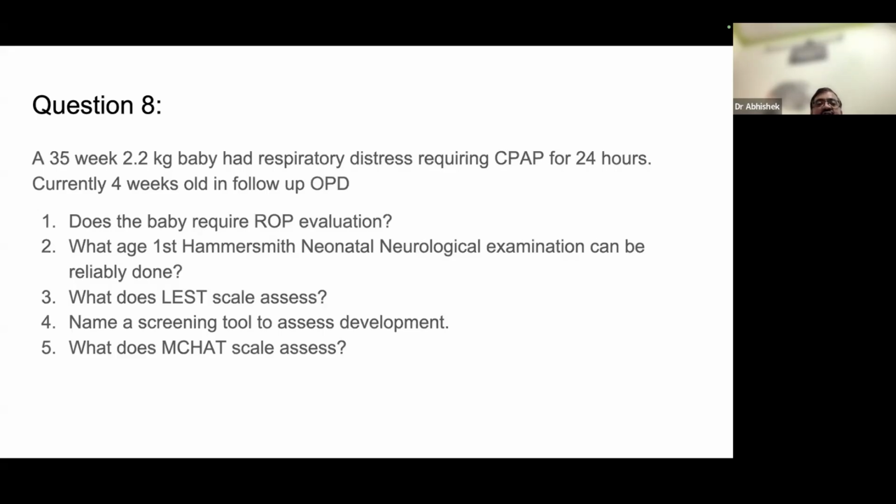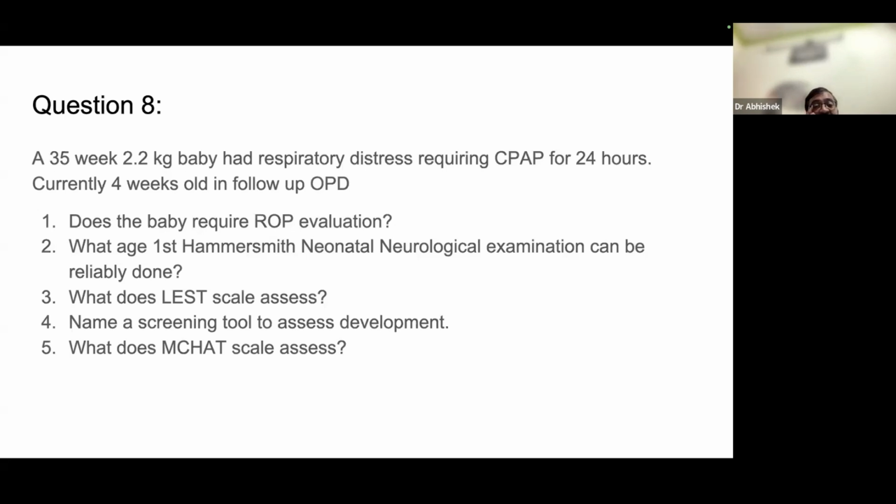What is the ideal age to do Hammersmith neonatal neurological examination for such babies? Yeah, you can do it at 36 weeks, but the ideal age is 40 weeks, right?